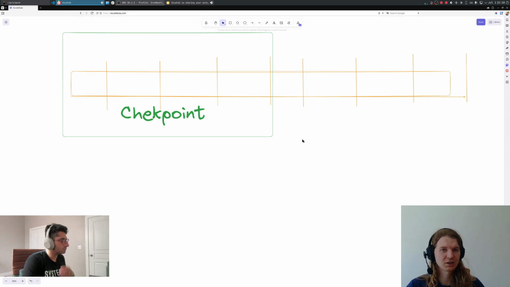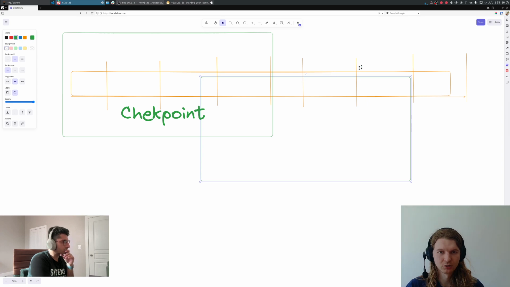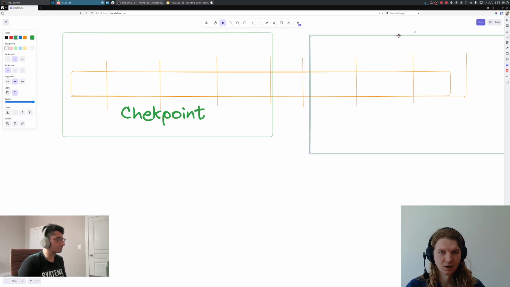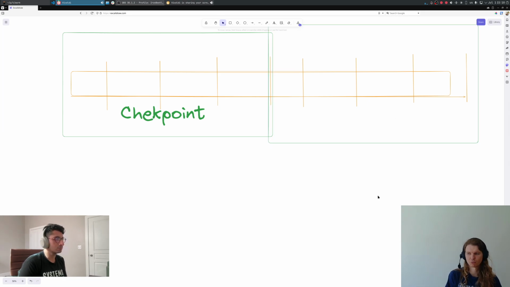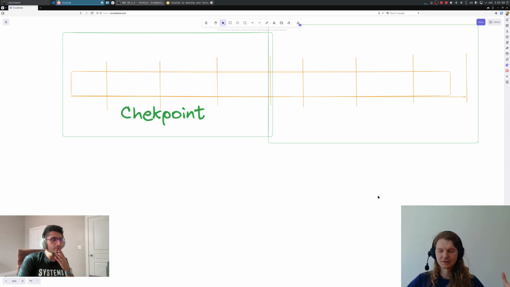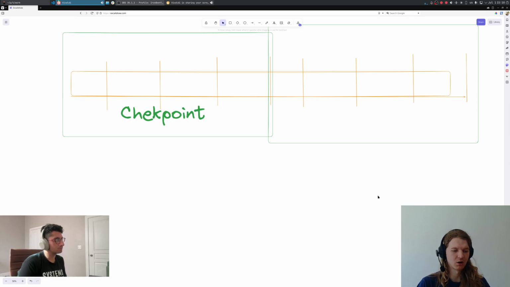So this is the first approximation of our logical write-ahead log: it is a sequence of prepares which is subdivided into a sequence of checkpoints, where each checkpoint is checkpoint interval long.